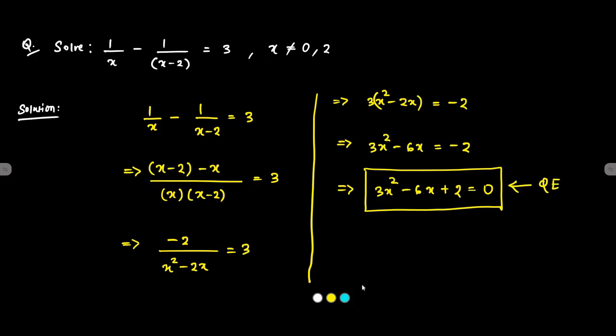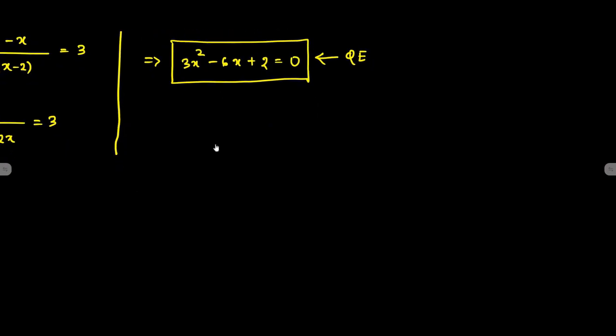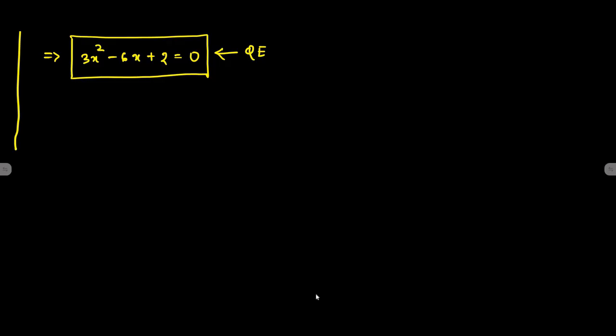Now, if we compare it with the standard format of a quadratic equation, which is ax square plus bx plus c is equal to 0, we will have a is equal to 3, b is equal to minus 6 and c is equal to 2.